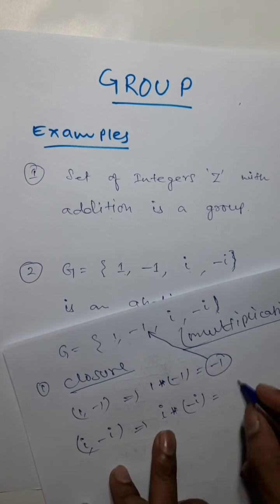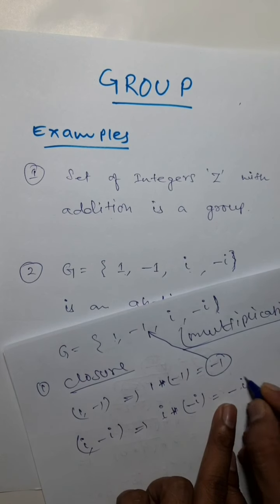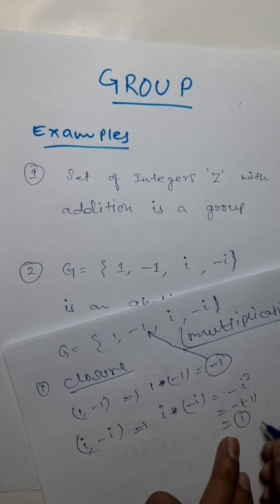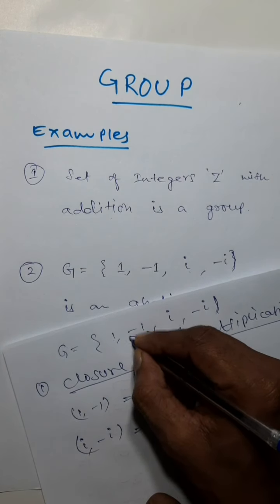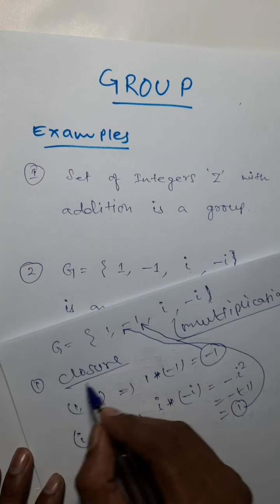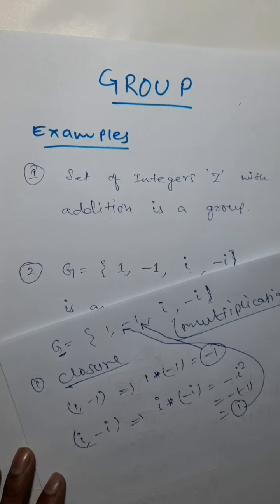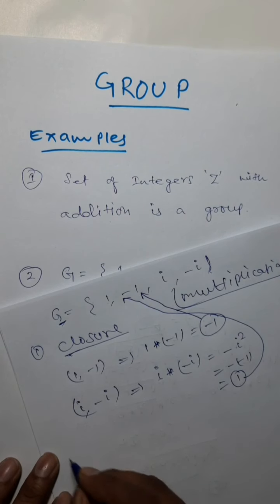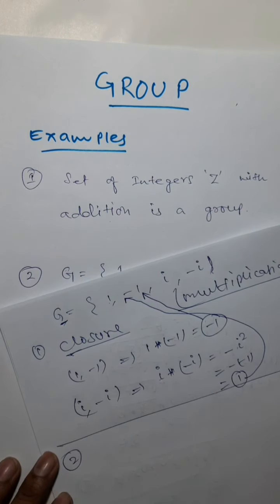What will we have? i times minus i gives minus i squared, which is minus of minus 1, which is 1. 1 is again an element of the set G. So for any elements, their multiplication must lie in the set G. Then we can say that the closure property holds in this set. Next property is associativity.